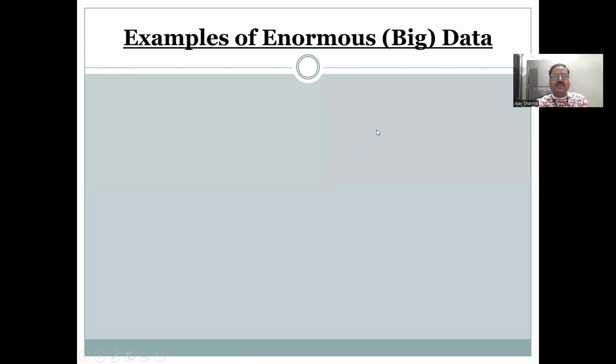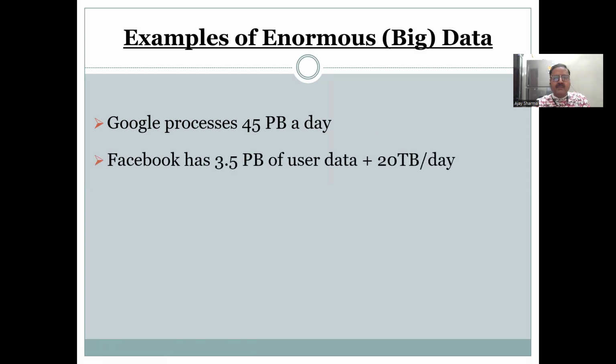Now let's take a few examples of this enormous, huge big data. Google, which everybody uses, is processing about 45 petabytes of data per day. Facebook has 3.5 petabytes of user data plus 20 terabytes of data per day. Just see the amount of data that is around us.